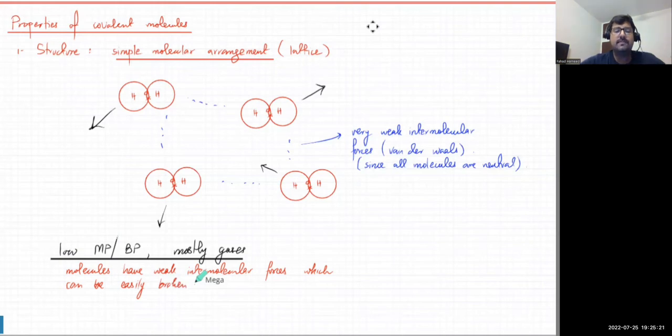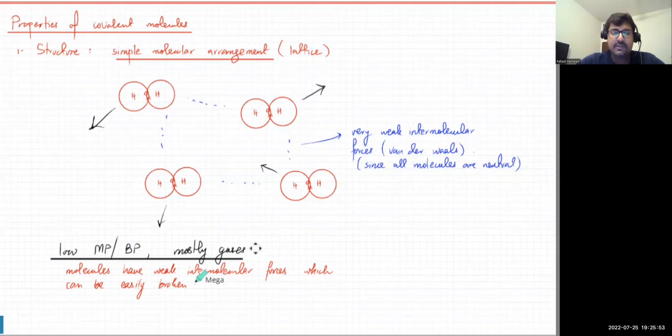So most of them are gases. All the molecules we did above, most of them are gases. Hydrogen is a gas, carbon dioxide is a gas, HCN is a gas, HCl is a gas. CF4 is a gas. Some of them will be liquids, like water is a liquid, but water evaporates very quickly. The water molecules just fly around very easily.